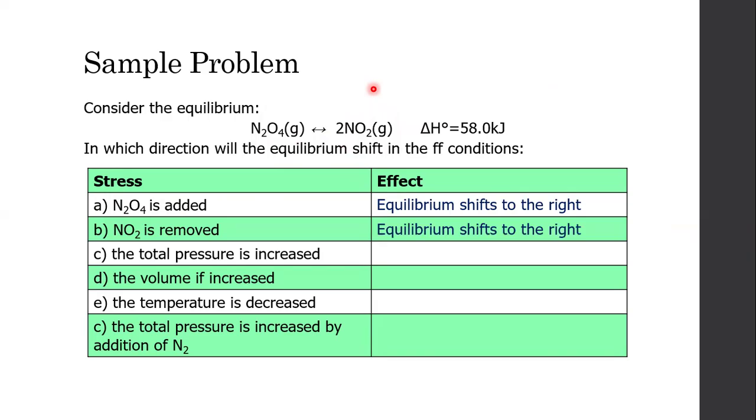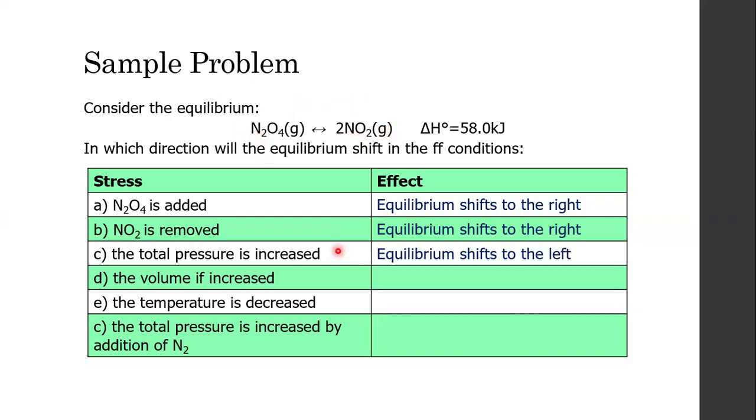Third, the total pressure is increased. So total pressure is increased, meaning we could be making the volume smaller. Since it's more cramped, the system will favor the side with less gases. So we have less gas on the reactant side, right? You have only 1 mole of gas here, you have 2 moles of gas here.